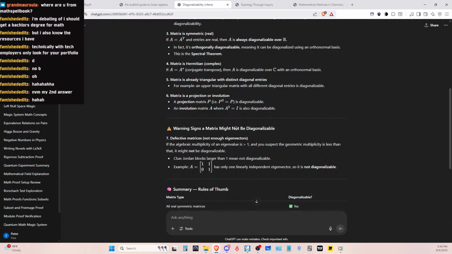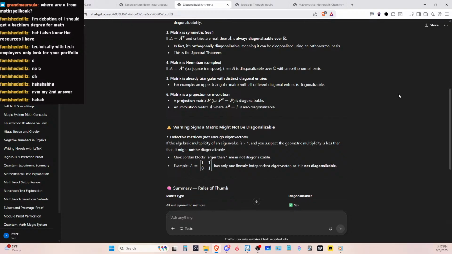Warning signs that a matrix might not be diagonalizable. Defective matrices do not have enough eigenvectors. Okay. If an algebraic multiplicity of an eigenvalue is greater than 1, and you suspect that the geometric multiplicity is less than that, then it might not be diagonalizable. Jordan block. Okay.